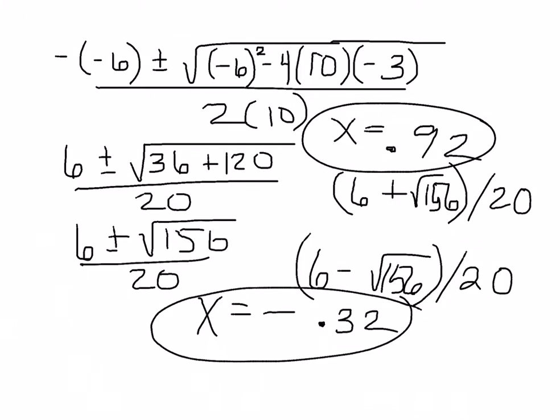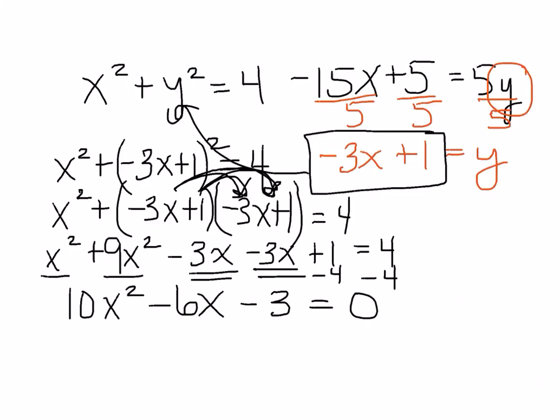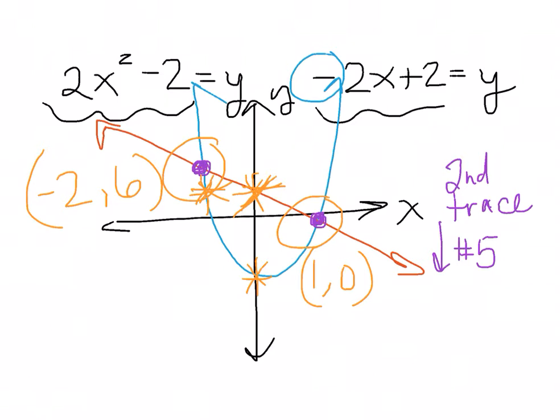So once I have the x's, how do I get the y's? Okay, what I have to do then, I'm going to go back a slide for a second. There it is.